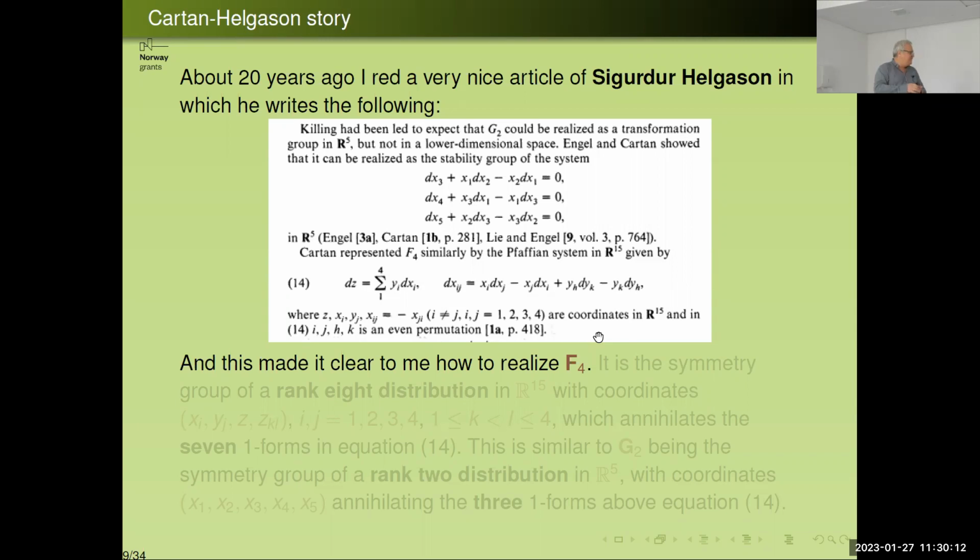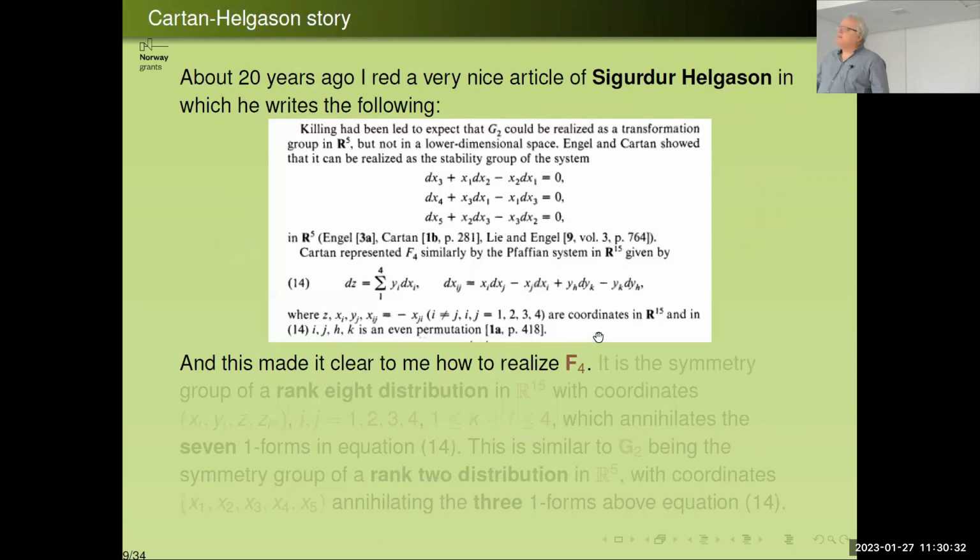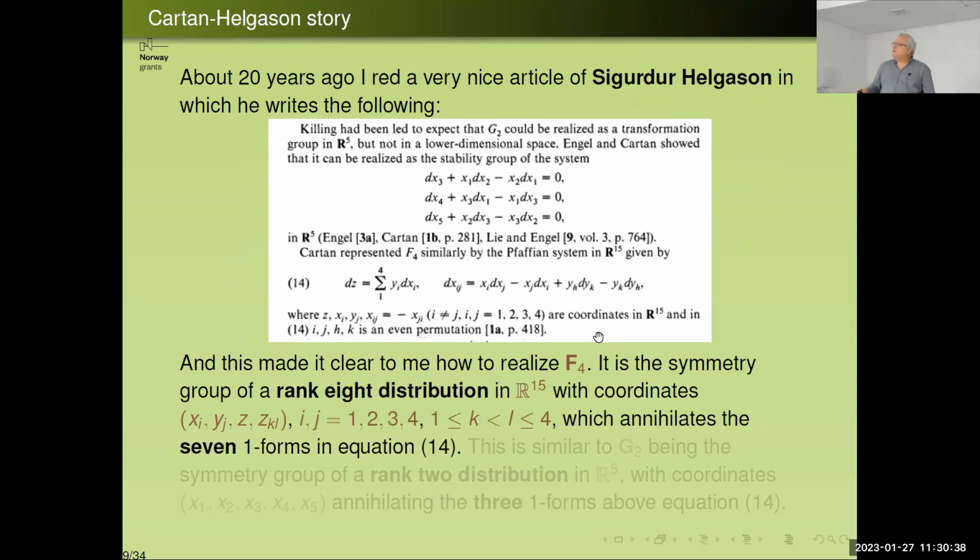So in R15, at every point, there is an 8 plane defined as an annihilator of these 7 one forms, and this 8 plane going point by point gives you a rank 8 distribution in dimension 15. And if you look at the symmetry of this particular distribution, then what you get is the group F4 as symmetry.